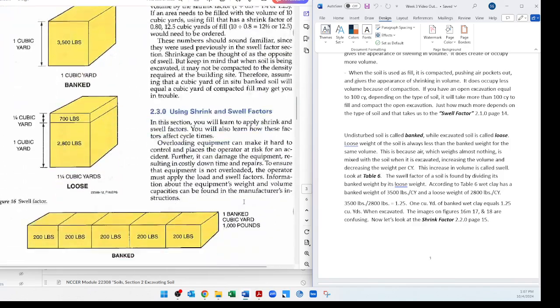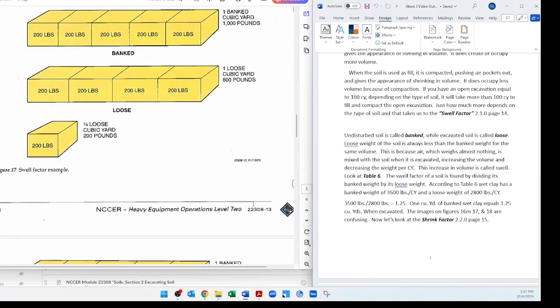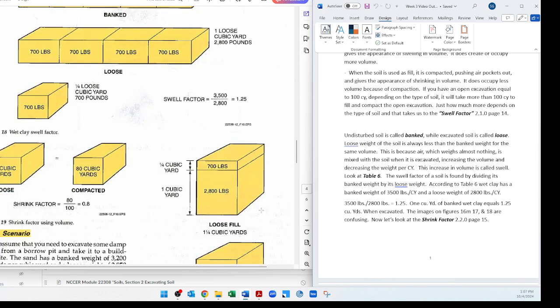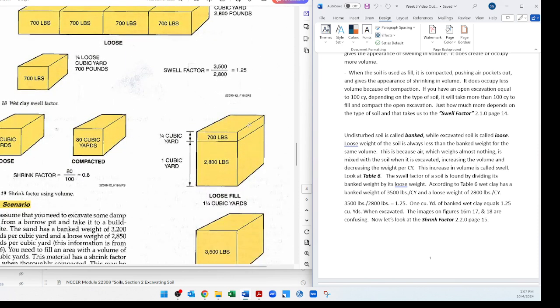This right here is illustrating shrink and swell. I promise you that when I try to figure this stuff out by going by these cubes, like this is a quarter. Like 700 pounds is 25% of the total. Where's the total up here?